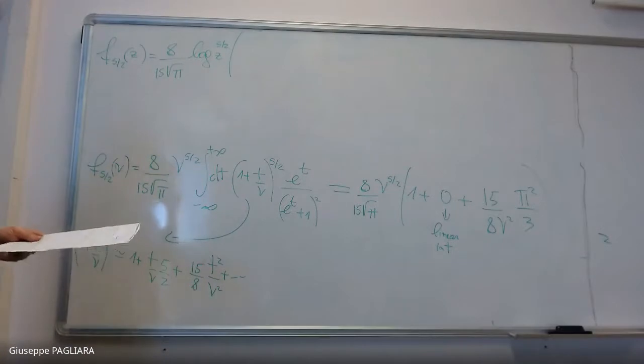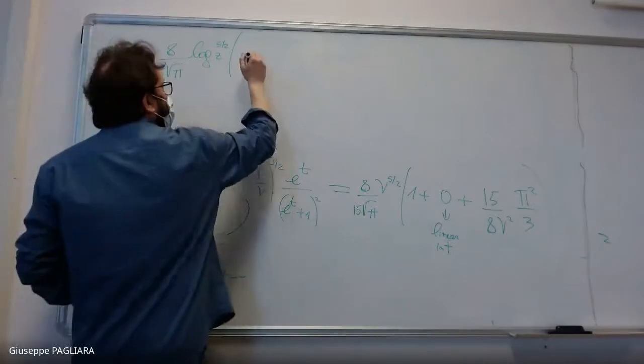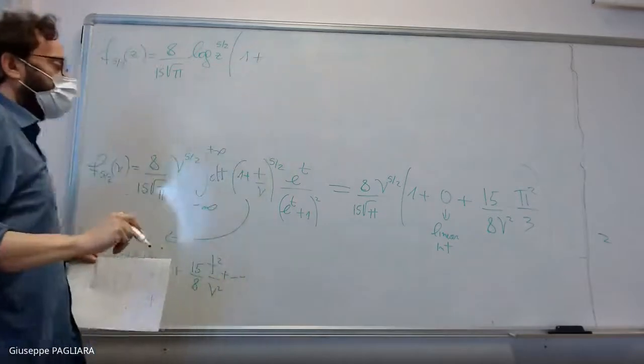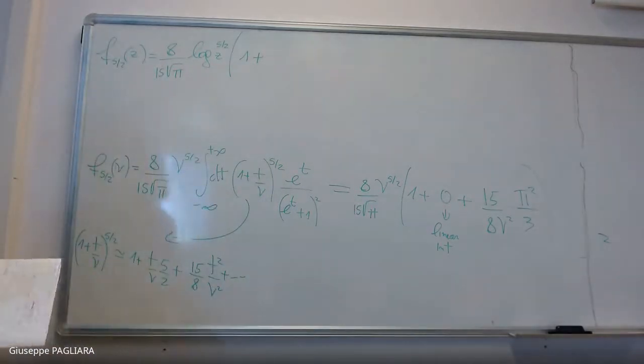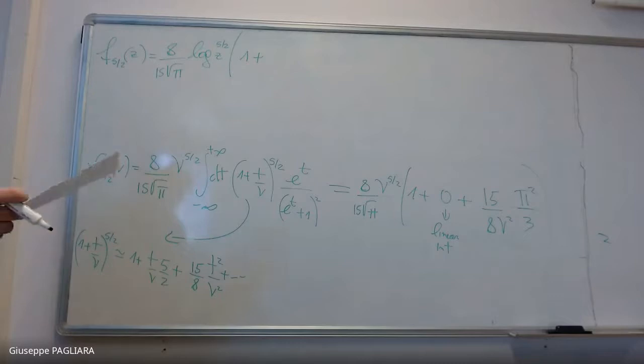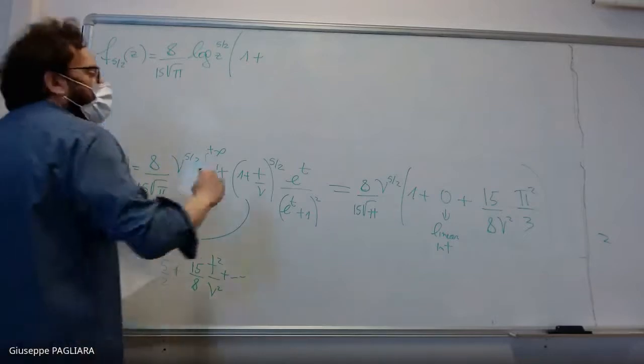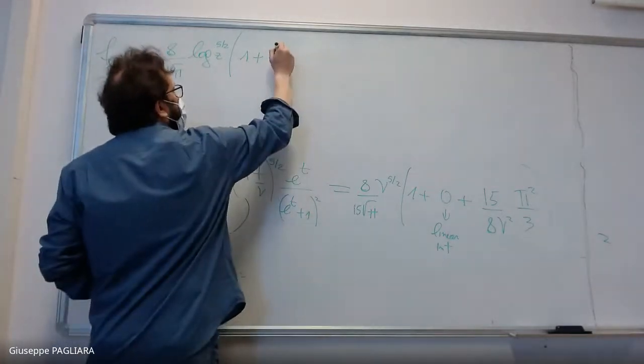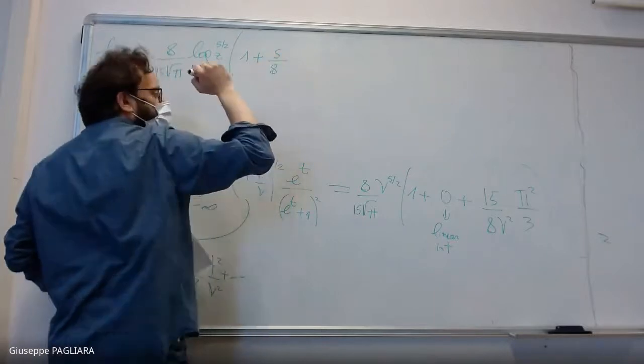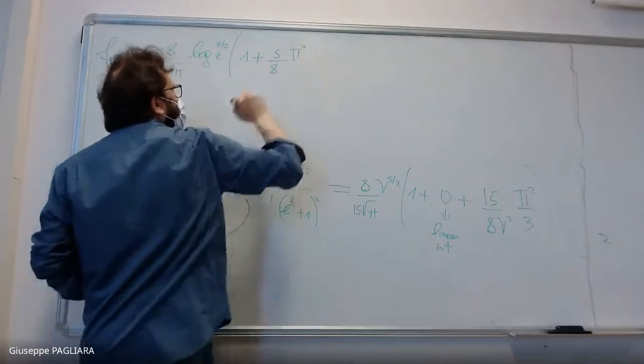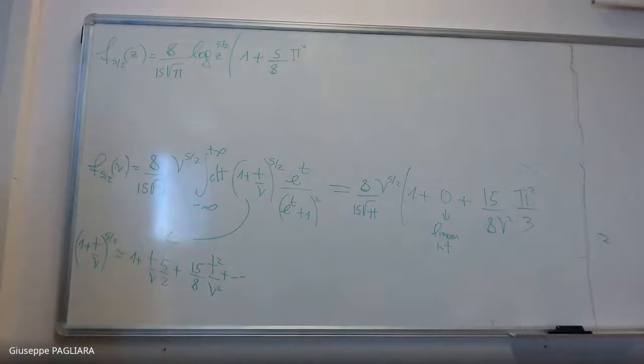Then I have inside 1 plus, here I get 5 eighths, 5 divided by 8 times pi squared, and here I should have log of z to the power of minus 2.